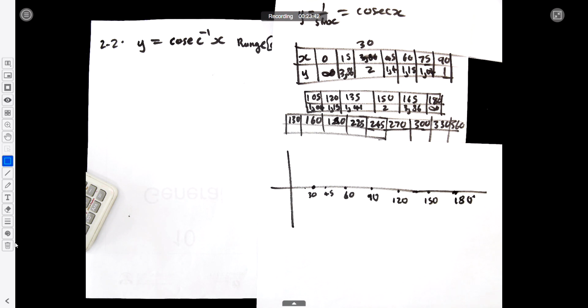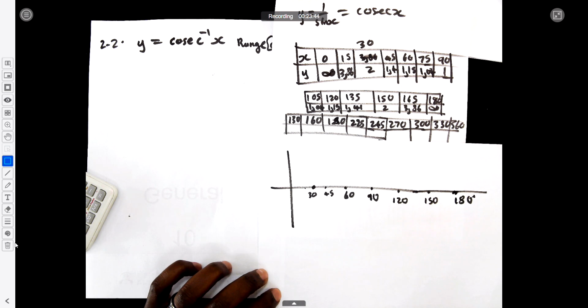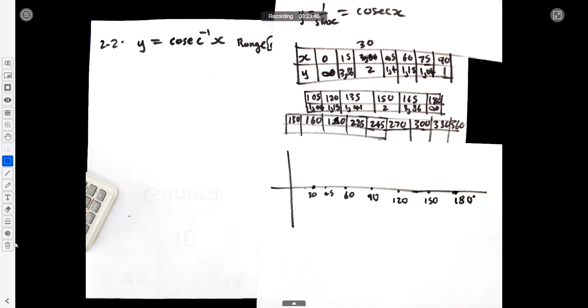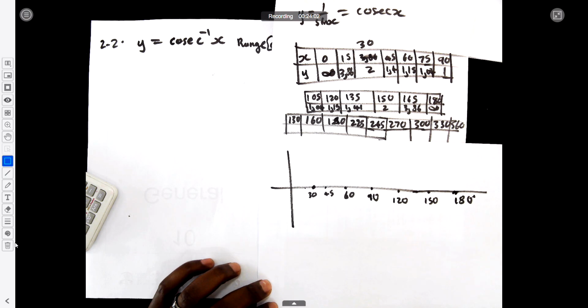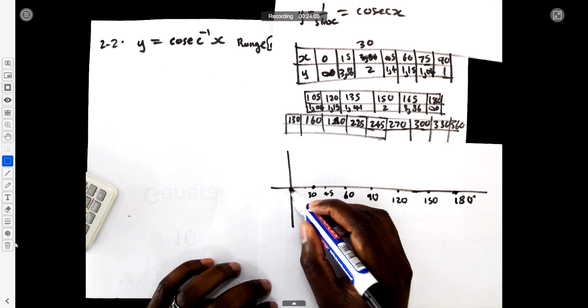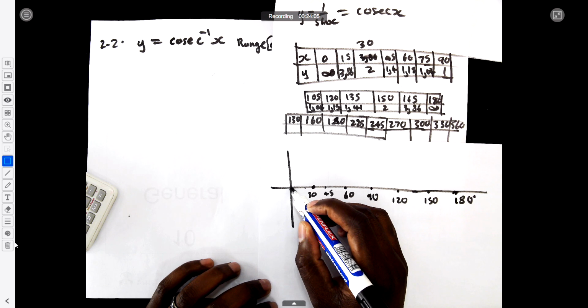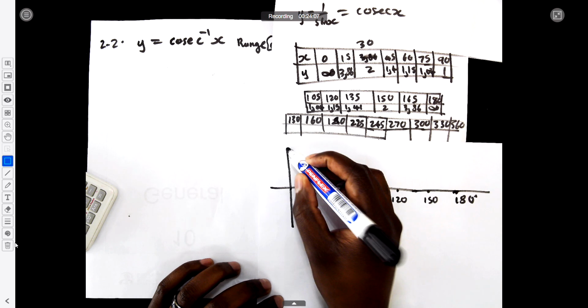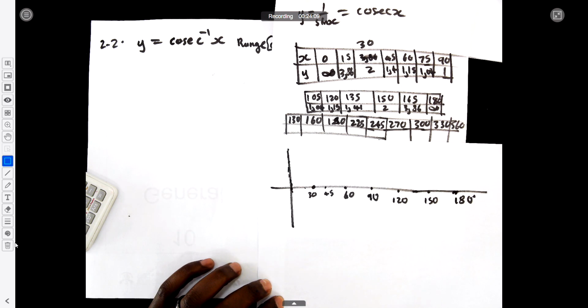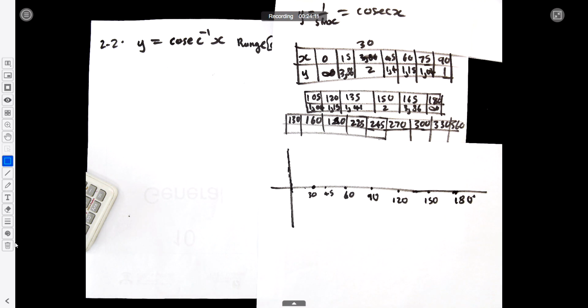The values that we got are all positive, which means you plot upwards. At 0, it's undefined, which means you have a vertical asymptote. The function is not going to pass through there, so it will be diverging in that direction.